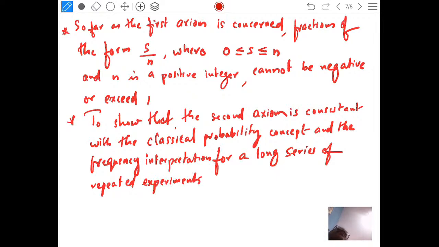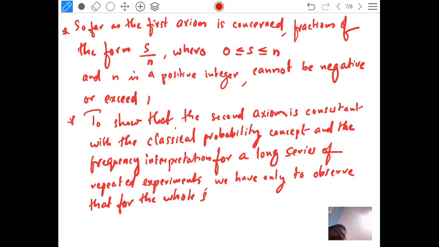We have only to observe the fact that for the whole sample space, P of S equal to n by n equal to 1.